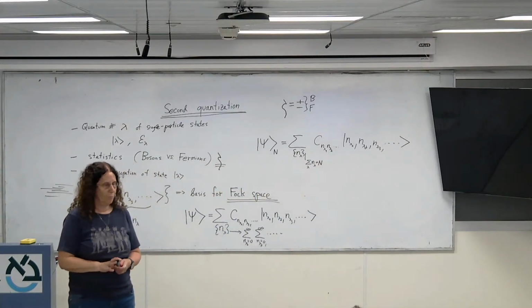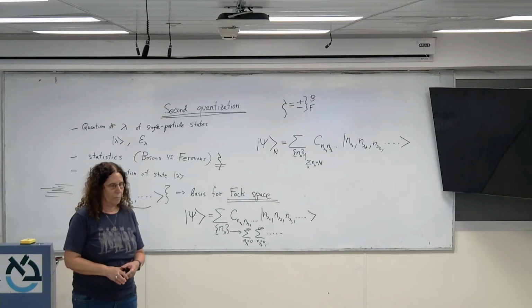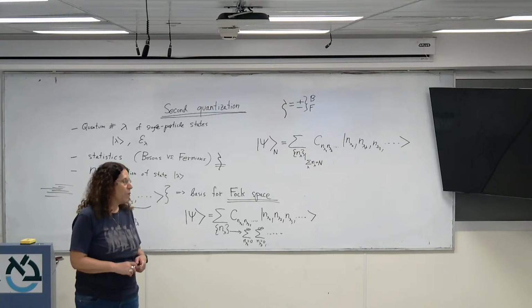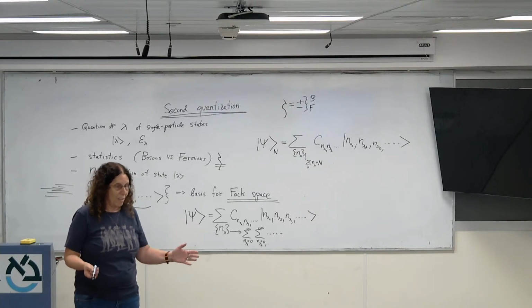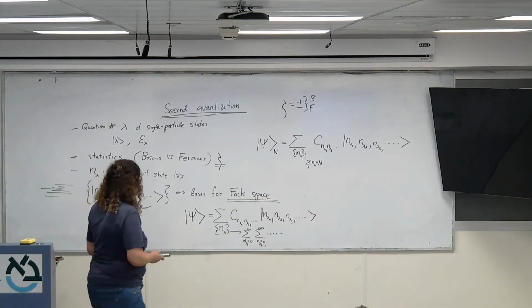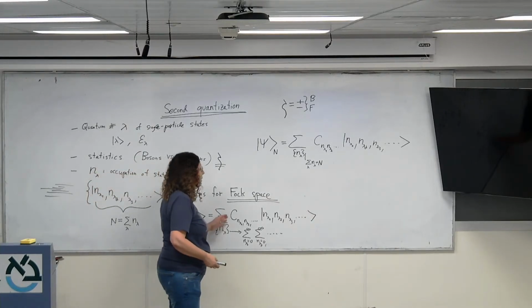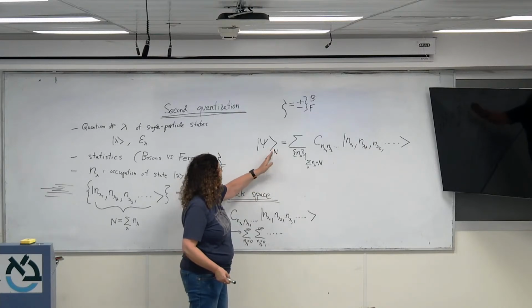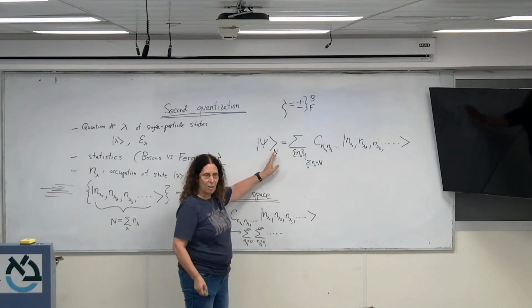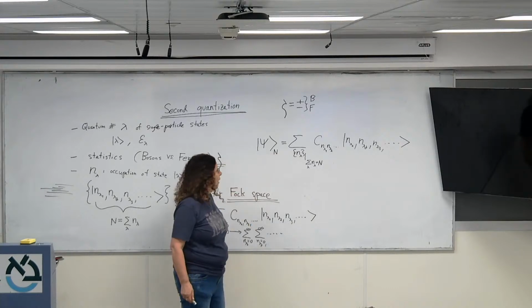So that assumes that there is no creation of particles. Well, first of all, you describe a state. This kind of state has a well-defined number of particles. It's n, okay?